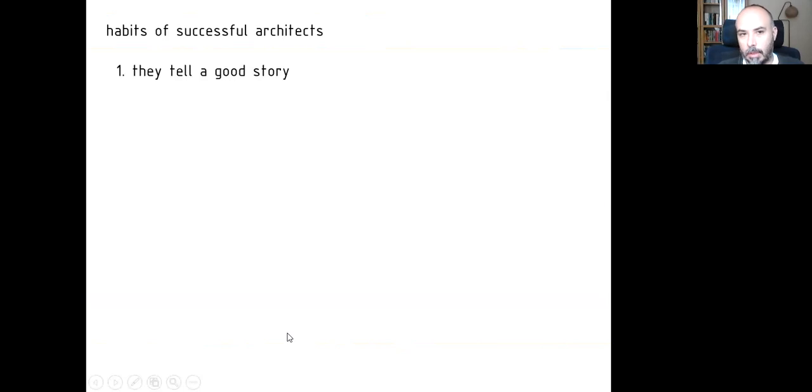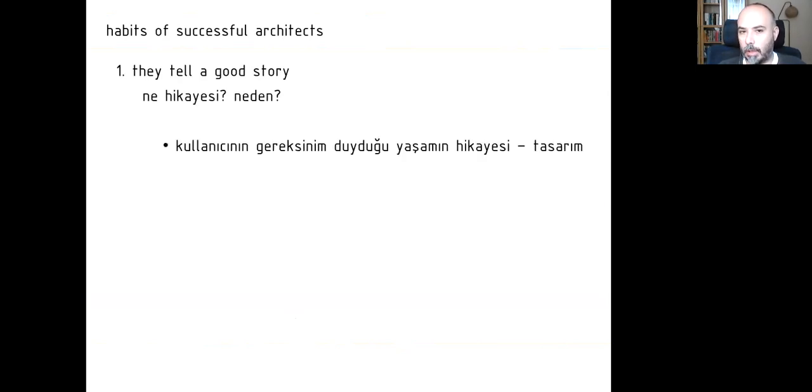At first, he said, good architects, they tell a good story. We can ask ourselves, what story and why do they tell this story? If you remember the TED Talk of Ole Scheeren, he was talking about a narrative structure.